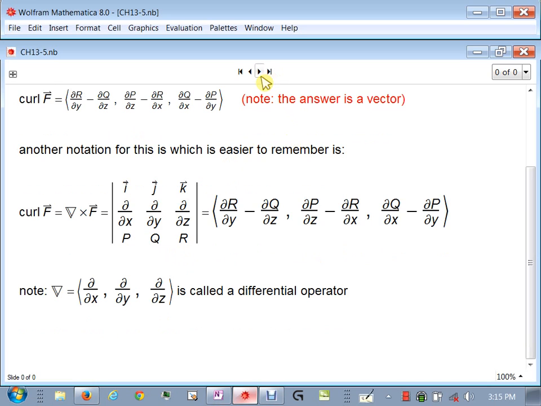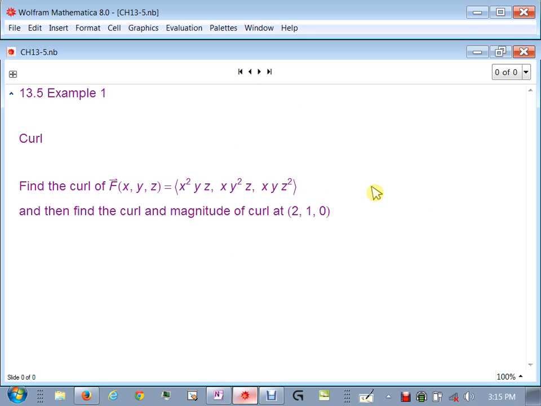All right. So let's find the curl of this, and then the magnitude of the curl at a point. This is very much just computational stuff. There's not anything you have to sit there and think about, what does that look like, what's the shadow of that? This is purely computational. So we have F defined to be x squared yz, xy squared z, xyz squared.